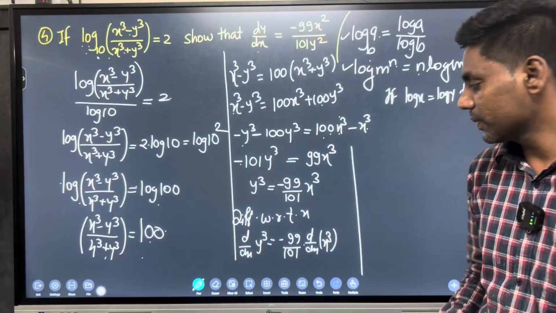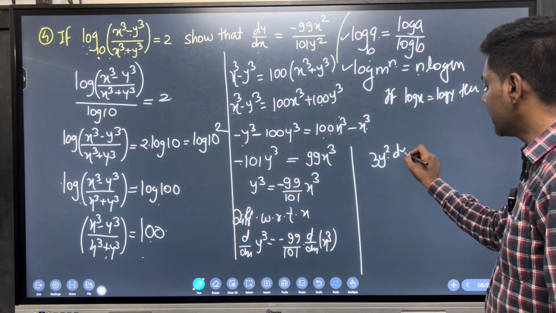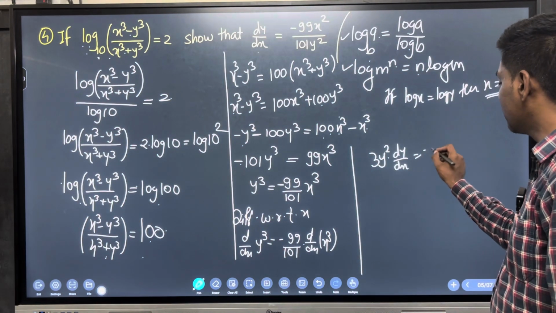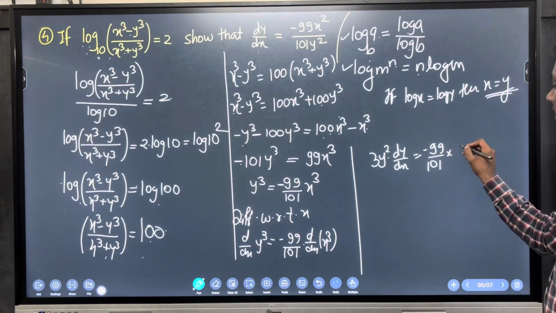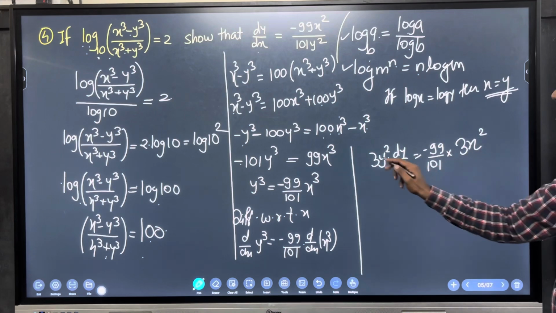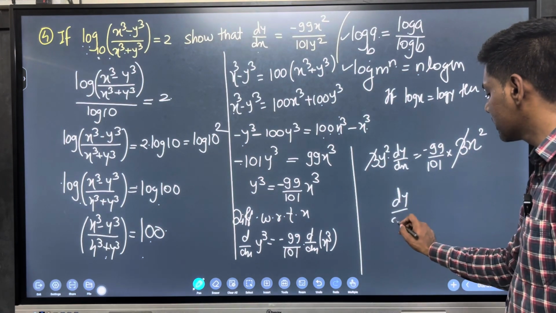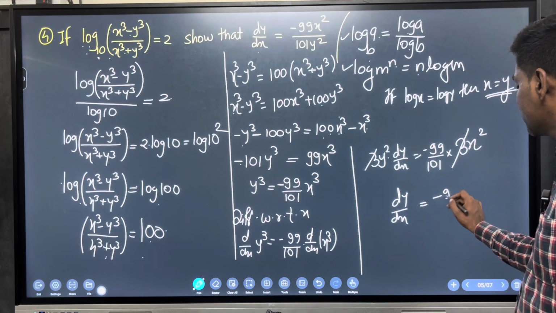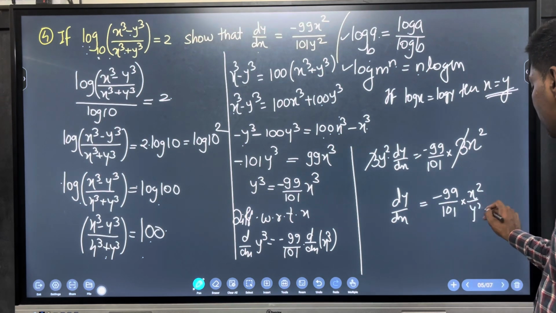So the derivative of y cube is 3y square dy by dx. Minus 99 by 101 as it is, into the derivative of x cube, 3x square. On both sides the 3 gets cancelled. What is remaining: dy by dx equals minus 99 by 101 multiplied by x square divided by y square.